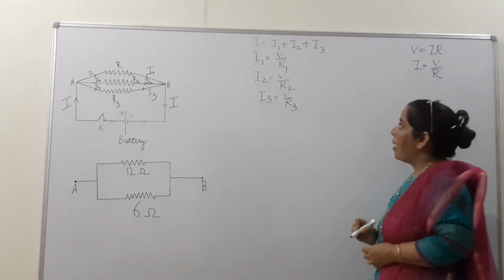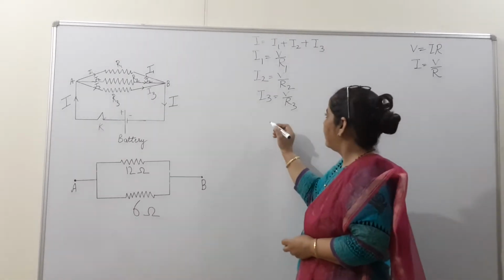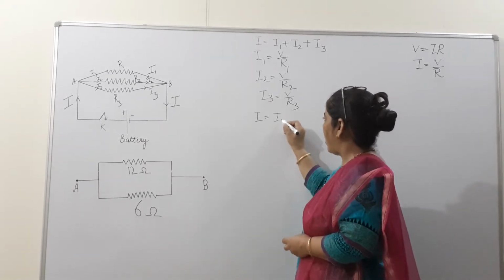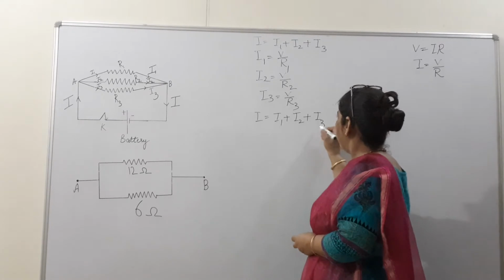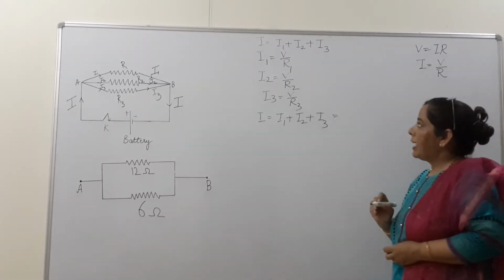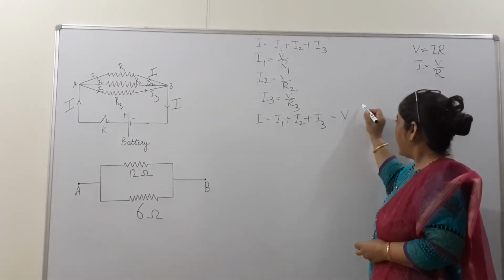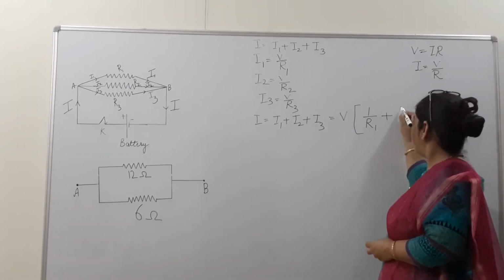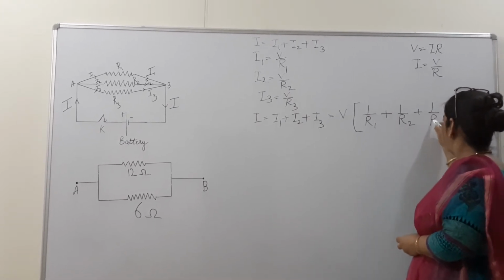Now when you add all these values, you will get I is equal to I1 plus I2 plus I3. But we can take V as common, so inside the bracket will be 1 by R1 plus 1 by R2 plus 1 by R3.